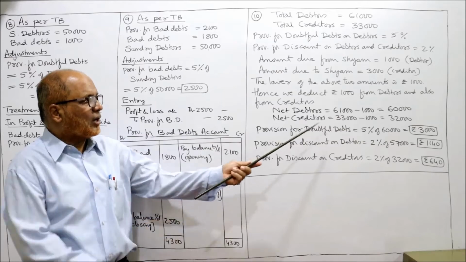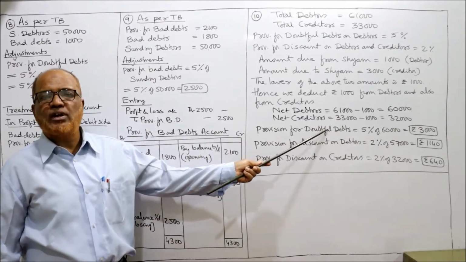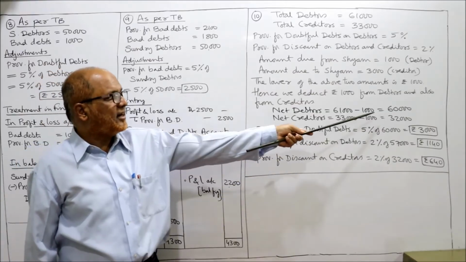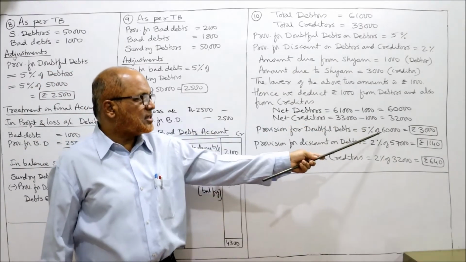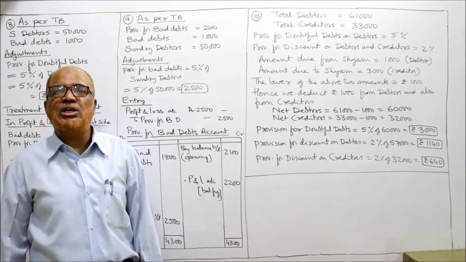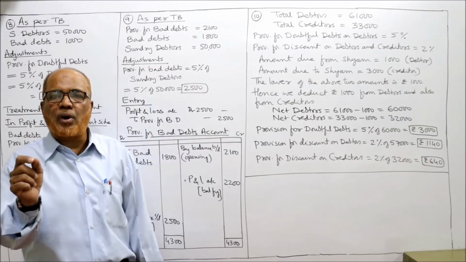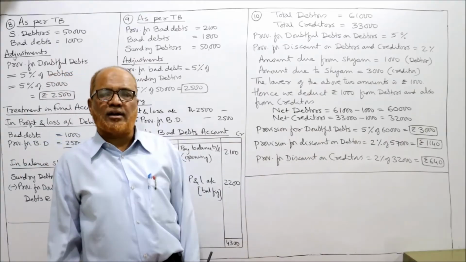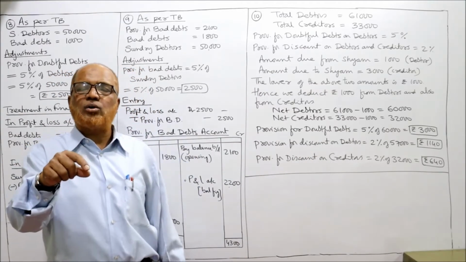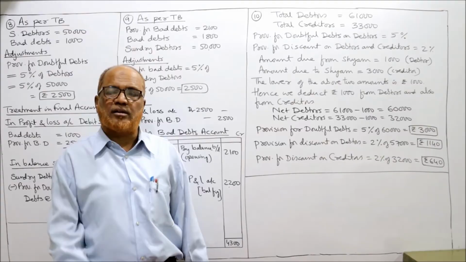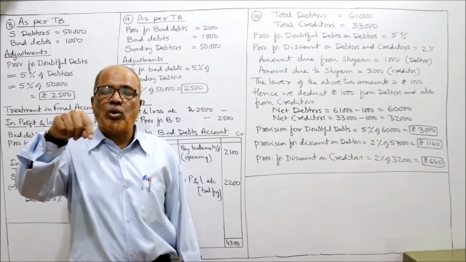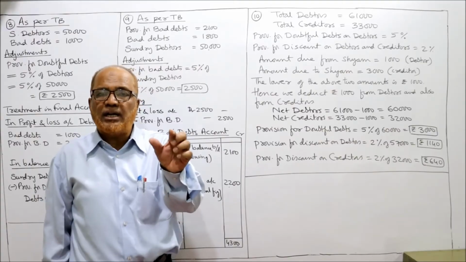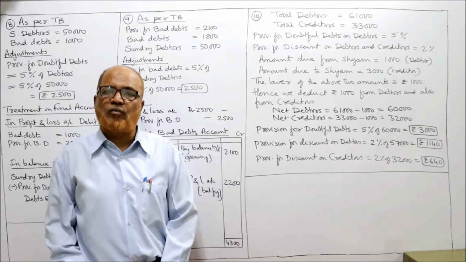Now provision for doubtful debts. Provision for doubtful debts is 5% on net debtors. How much are the net debtors? 60,000. So 5% of 60,000 comes to 3,000 rupees. This is the provision for doubtful debts. Now provision for discount on debtors will be made on good debtors. Good debtors means total debtors minus provision for doubtful debts.